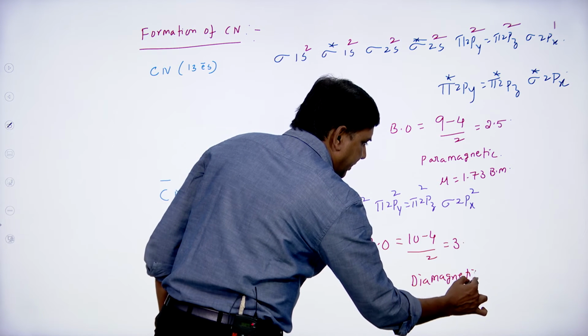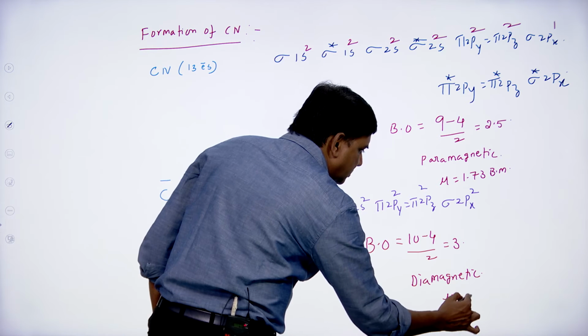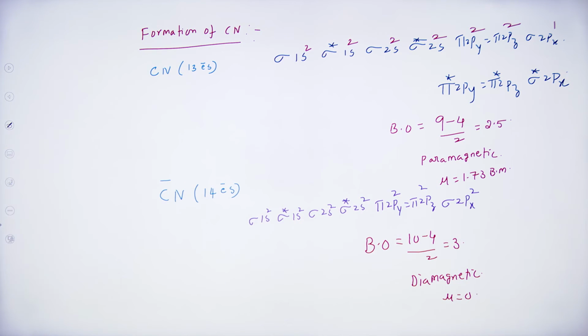Whenever it is diamagnetic, automatically mu value is equal to 0. And that is CN, and this is CN minus. Bond order increases from CN to CN minus. As the bond order increases, bond length decreases. This is for CN and CN minus, students.